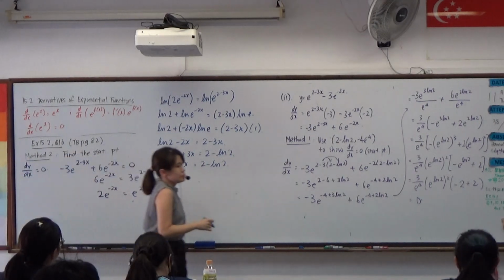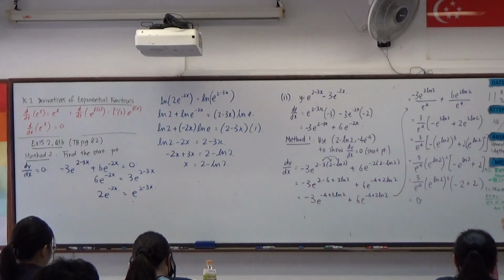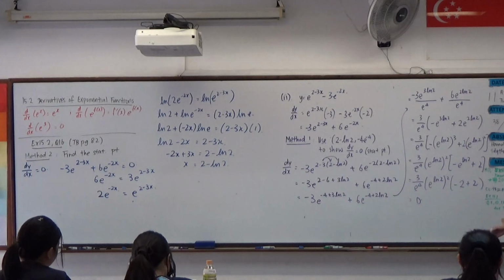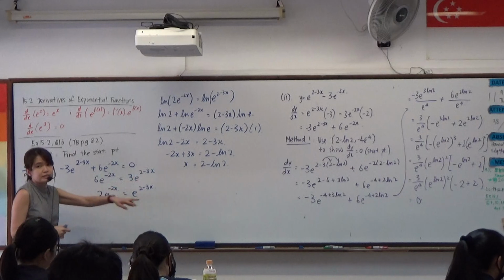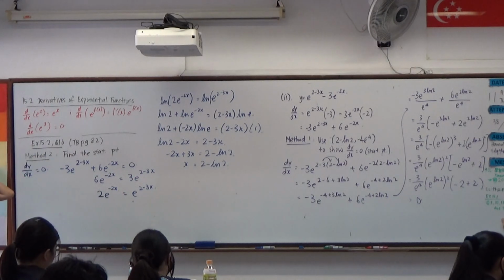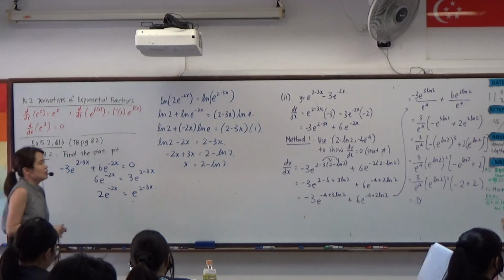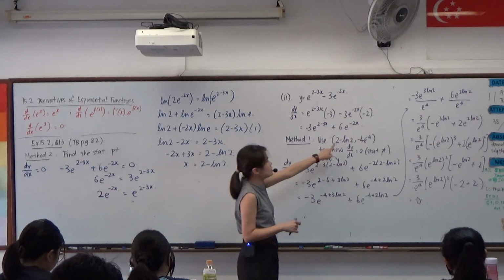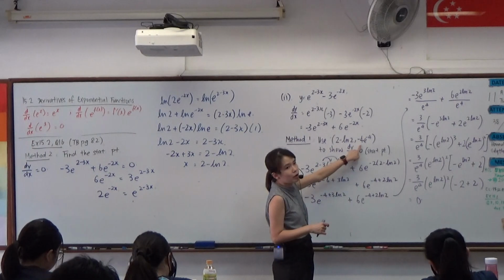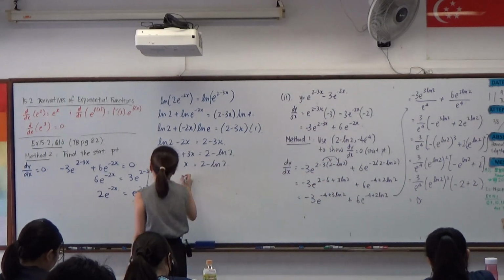Okay? So in your very typical question, most likely you will be asked to find the stationary point instead. Okay, and then you cannot avoid this tedious process anymore. Okay? So after getting x equals to 2 minus ln 2, because the question wants us to show that this is the stationary point, we still need the y coordinate.